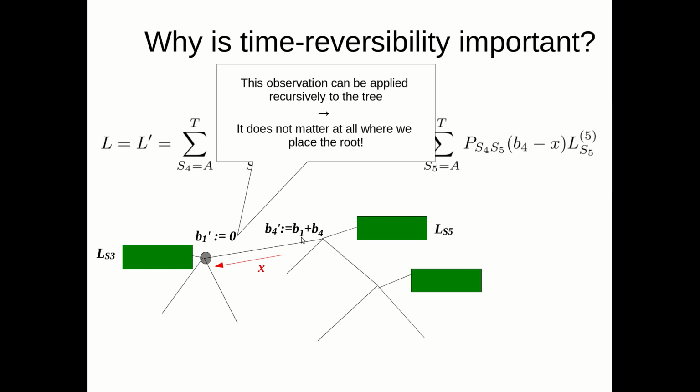Of course, this observation does not only hold for this specific branch we selected as the root branch, but the argument can be applied recursively to the tree. It doesn't matter where along a branch we place the virtual root, nor into which branch we place it. It doesn't change the likelihood of the tree, once again, as long as our model is time reversible.